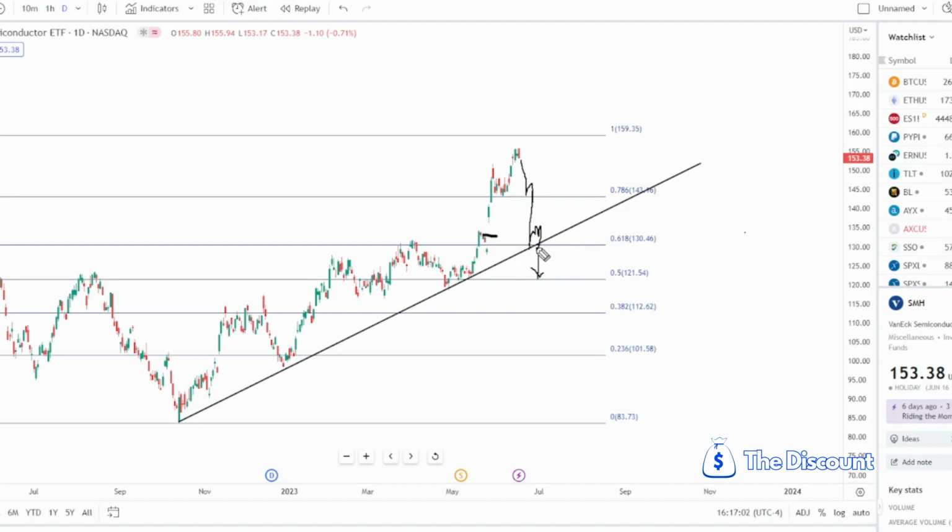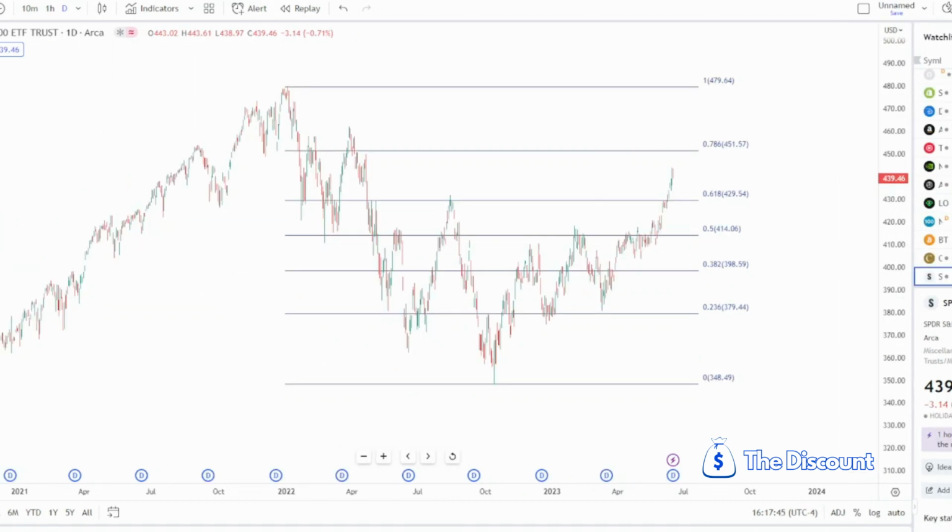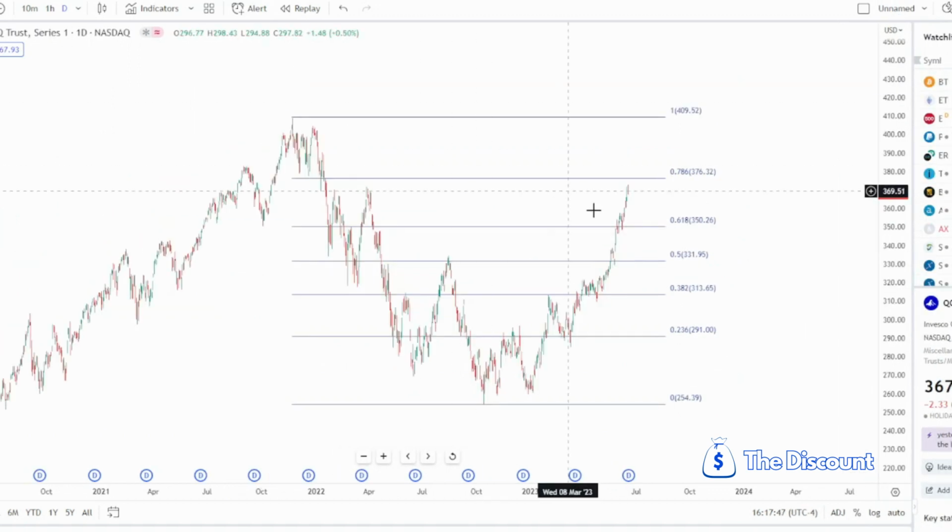Let's see it get off the 618 retrace, all of these markets. The SMH, the SPY, and the QQQ. It's all the same right now, except for more strength in the semiconductors and the QQQ. But if we drew those retraces, just watch out for them. We do not want to see anything go below the 50 retrace for an extended period of time if this bull trend is going to continue.